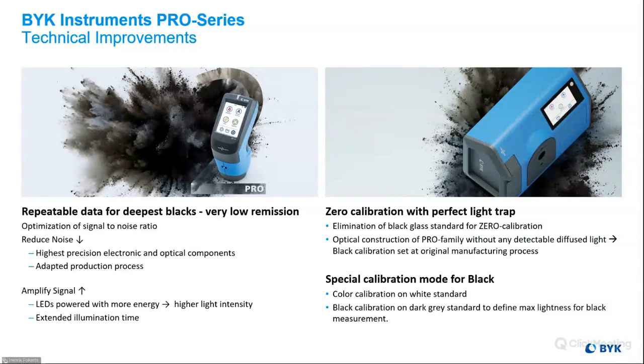And during the production process, you need a different calibration setup, and different calibration tiles are needed to check these instruments. And with all these modifications, you get instruments with improved performance on the deep blacks.